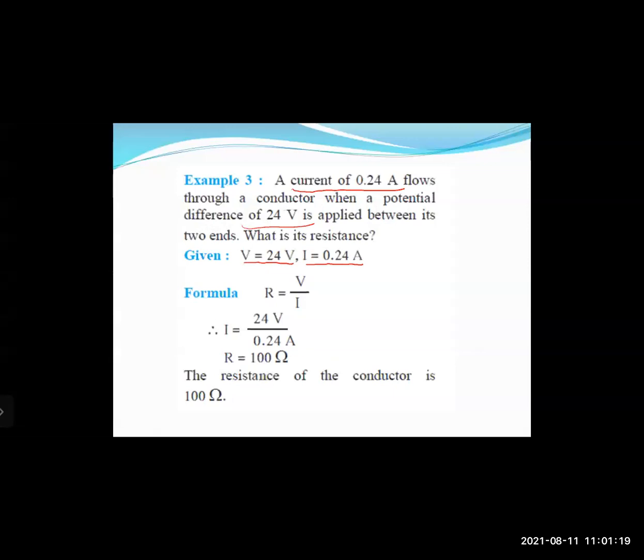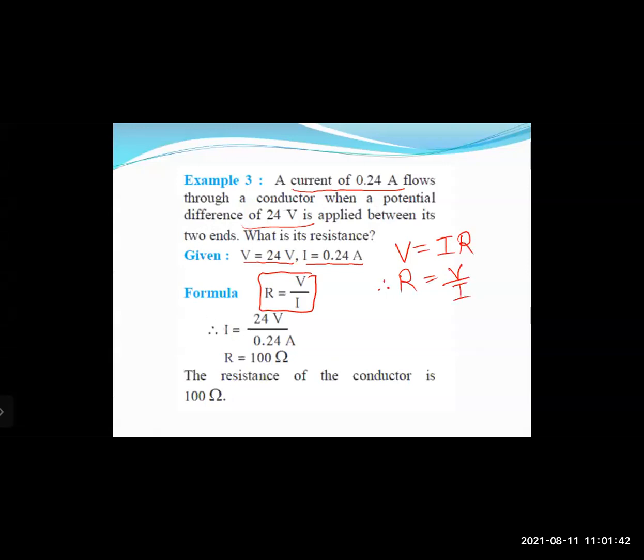What is the resistance? So our Ohm's law says V equals IR. So we have to calculate the value of R. So therefore R equals V by I. That is the formula that we have taken here. And we have substituted the values. So R equals V by I. So value of V is 24 volts.